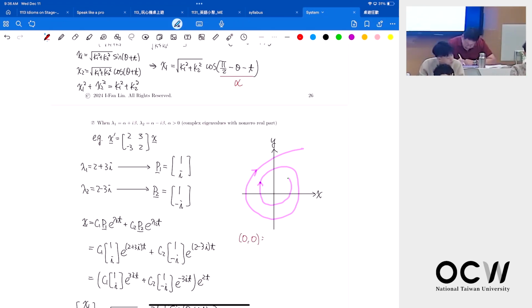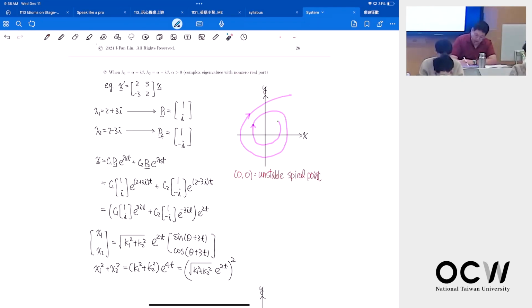And this is an unstable spiral point. And since we have e to the 2t for both x1 and x2, so you see this is kind of like a circle going spiral outside.